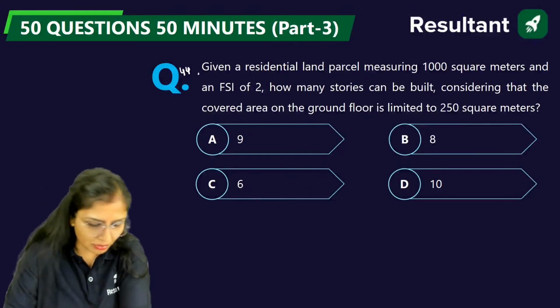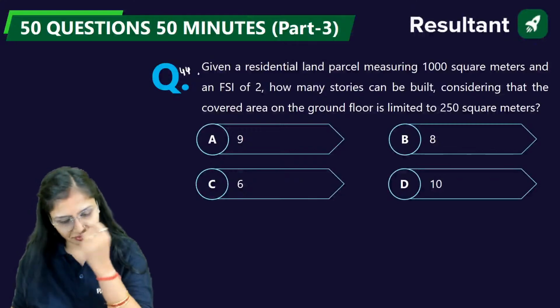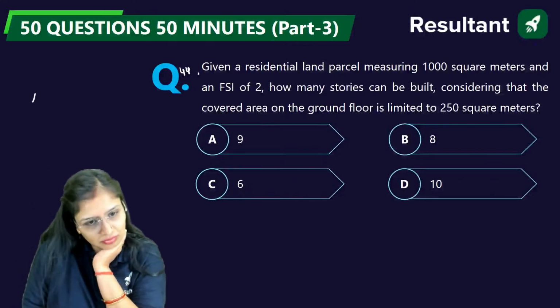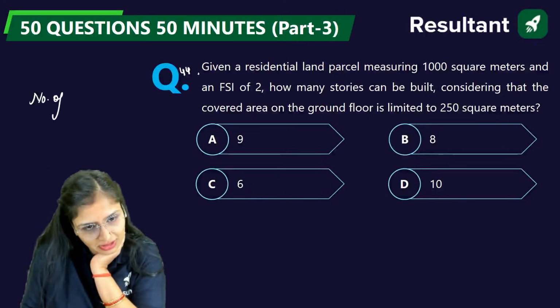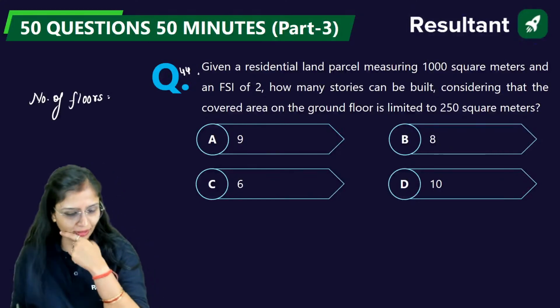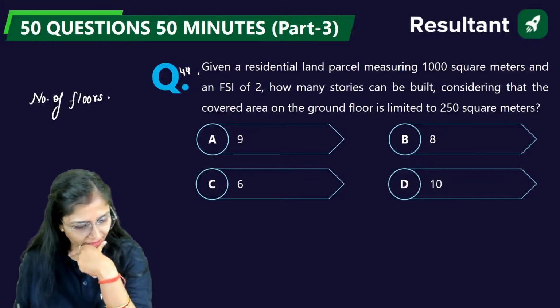It is asking you the number of floors. Come on guys, at least you should answer such type of questions. Nobody will see what I am writing now, but first I need your answers. Quick.